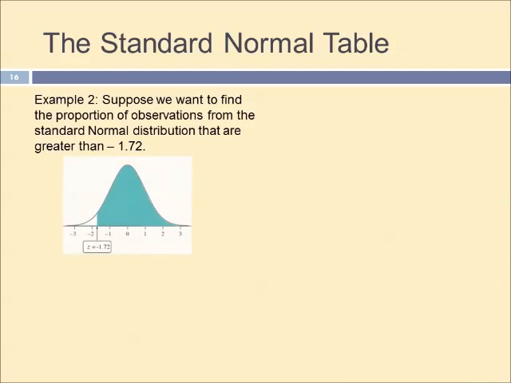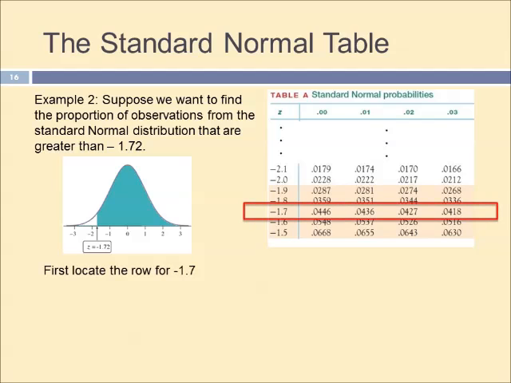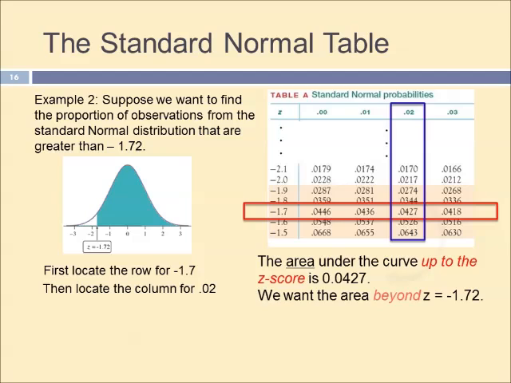Suppose we want to find the proportion of observations from the standard normal distribution that are greater than minus 1.72. Once again, we locate the row for 1.7 and then locate the column for 0.02. Now, this gives the area under the curve up to the z-score.